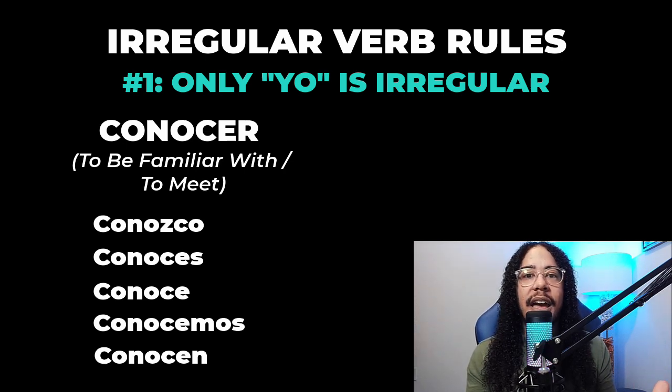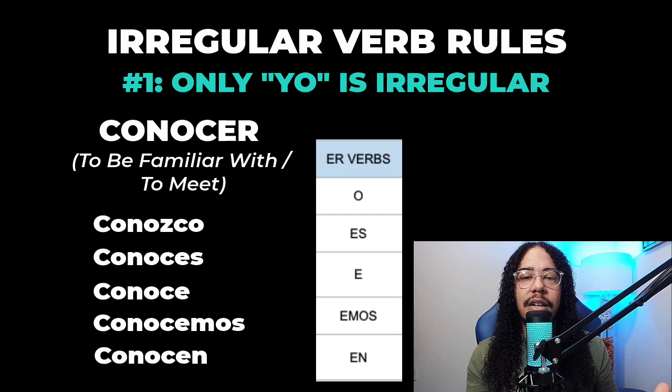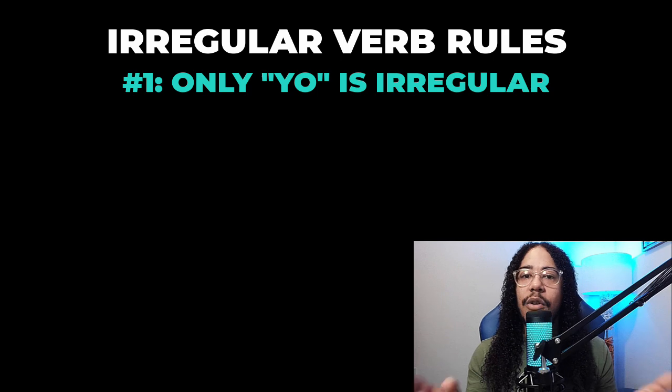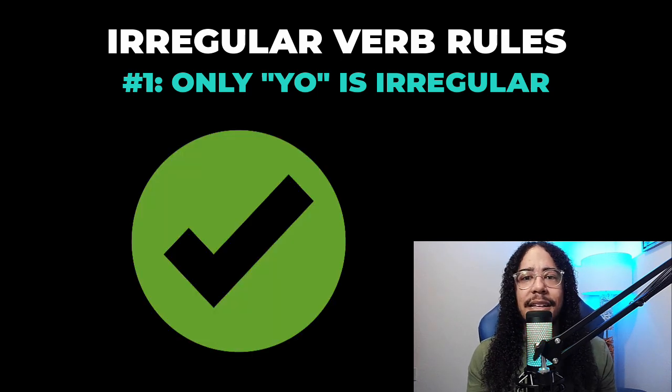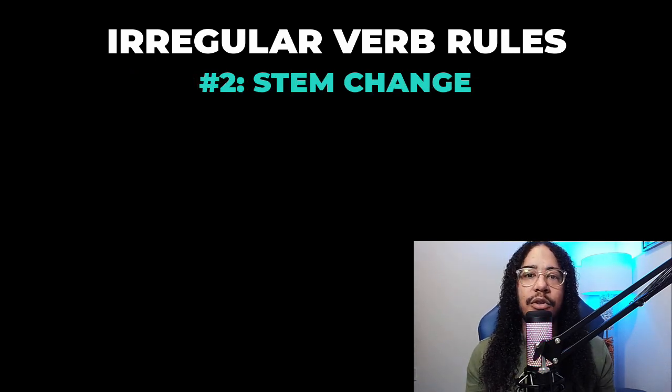Again, we still have the same regular endings: o, es, e, emos, and en. But the yo form gets a z added to it so that it's conozco. So rule number 1 is really easy because all of the regular conjugation rules still apply. The yo form is just a little different. So let's look at rule number 2.